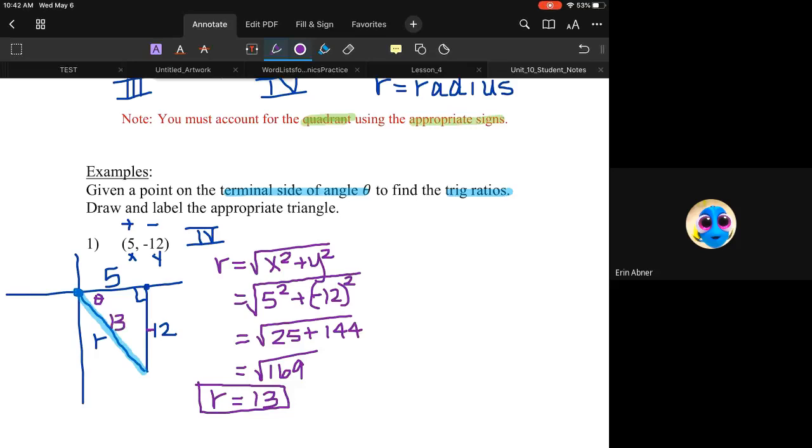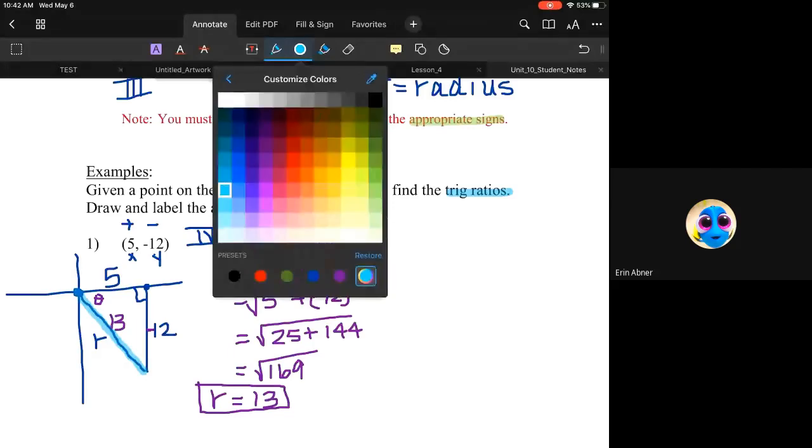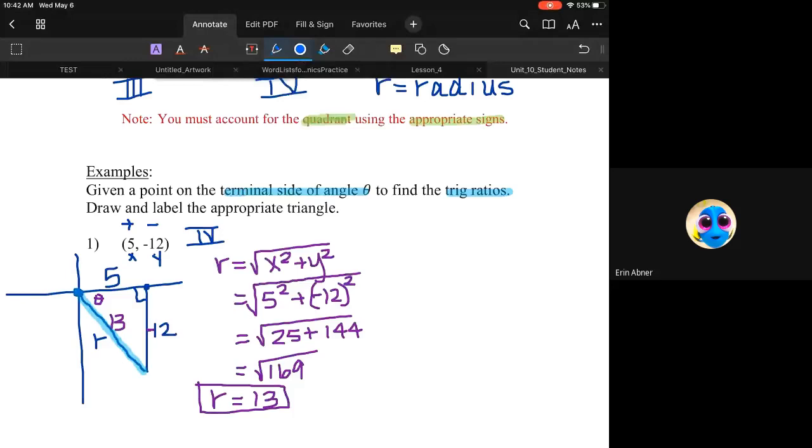Now I can go to work finding my sine, cosine, and tangent. So let's find them out. Sine of theta: from here, I'm going to go opposite over hypotenuse, so negative 12 over 13.